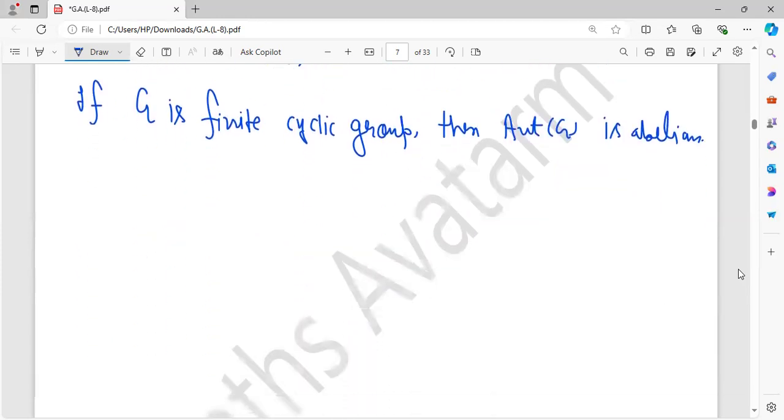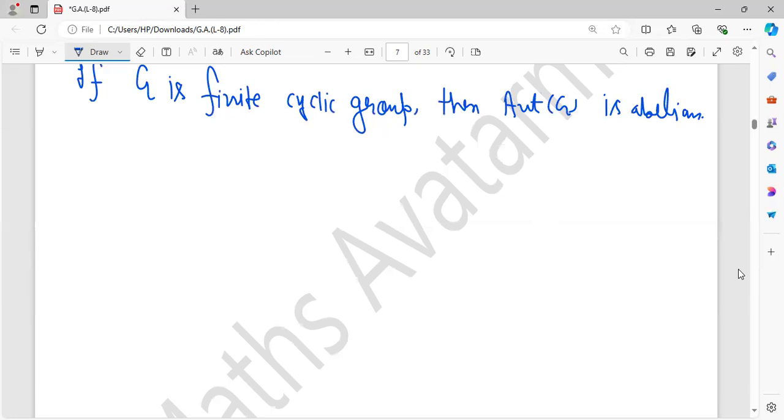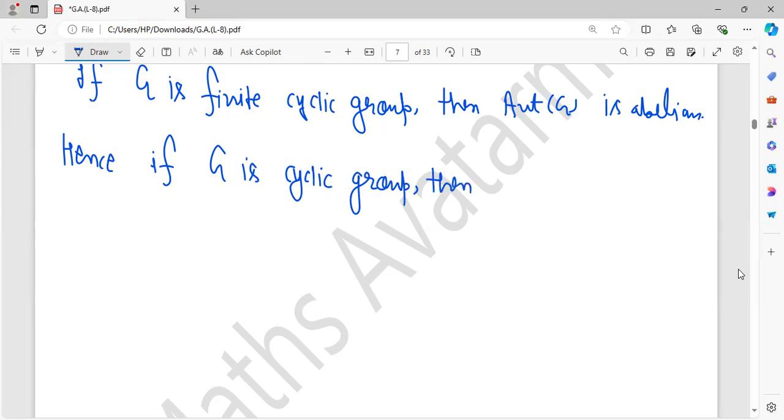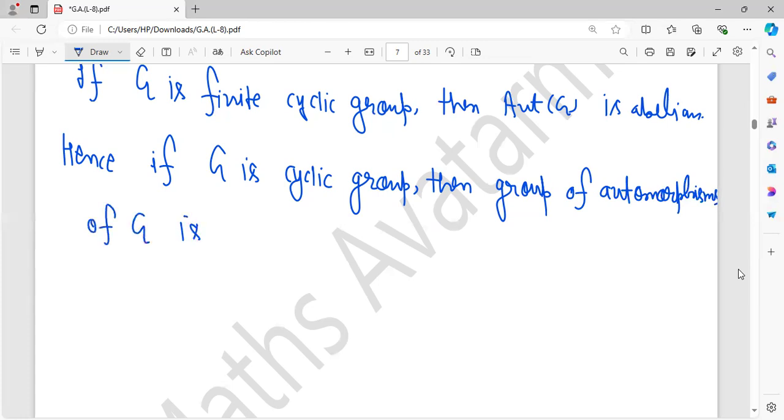Hence, if G is a cyclic group, then the automorphism group of G is abelian. Okay, so this is done.